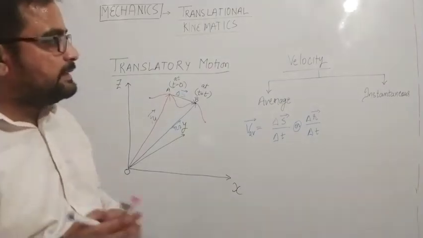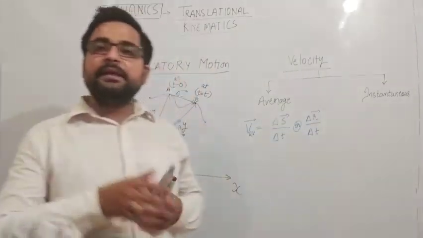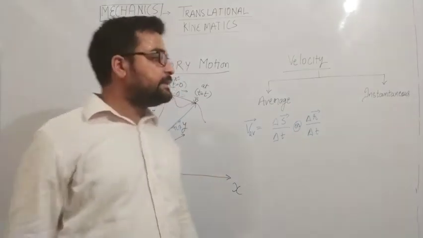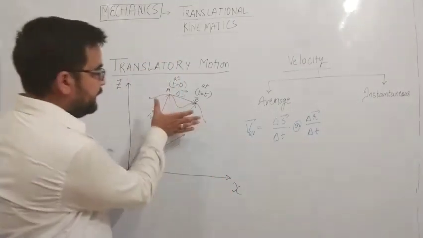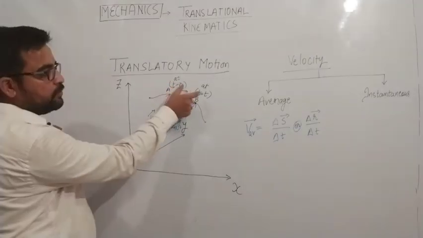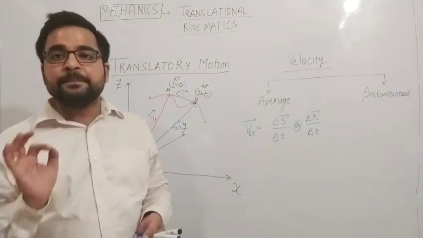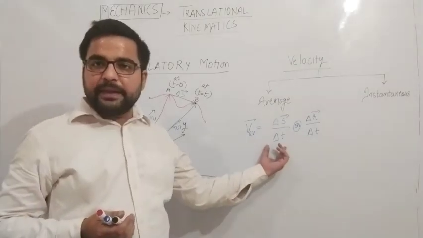Now what do you mean by instantaneous velocity? Instantaneous, that is, you are talking about at that very instant. At that very instant means what? This delta t, that is time t is equal to 0 to t is equal to t, that is, you have some finite time interval.